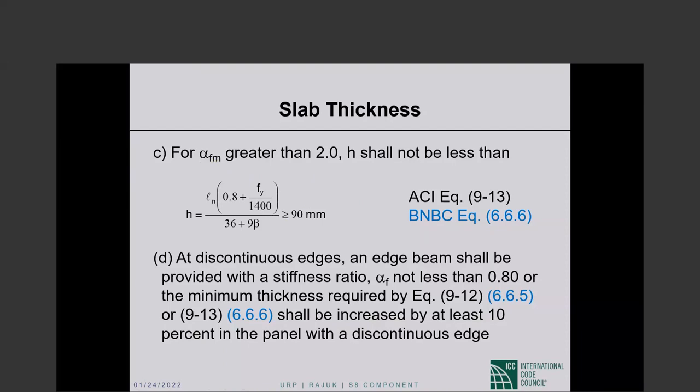At discontinuous edges, an edge beam shall be provided with a stiffness ratio not less than 0.8, or the minimum thickness required by equation such and such shall be increased by at least 10% in the panel with a discontinuous edge.